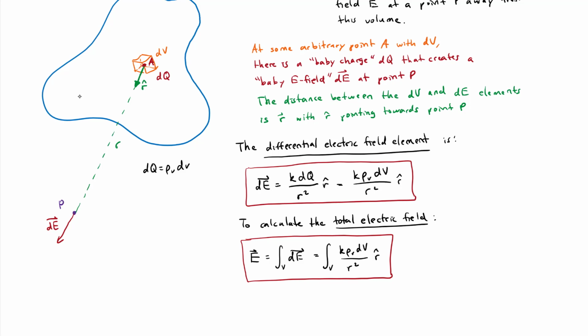The distance that dV is away from a point P is always going to be different depending on where you are in space. So I want to say be careful, because E is a vector quantity.